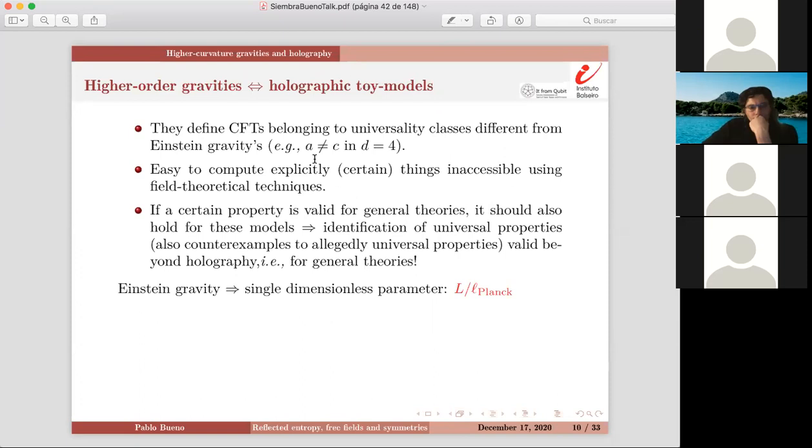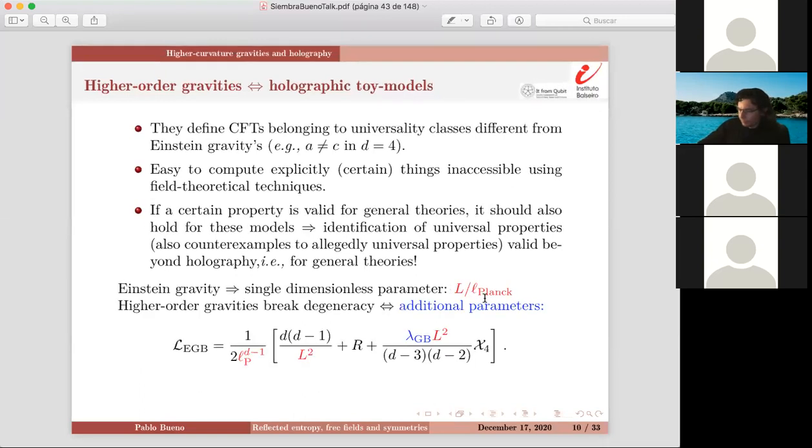Something which is relevant for this is the fact that for Einstein gravity, there is a single dimensionless parameter, the quotient between the AdS radius and the Planck length. That's the only parameter that appears. So any charge that you compute will be proportional to this thing to the power, typically, d-1. If you introduce higher-order terms, you break this degeneracy, so different charges will have different dependencies on the new parameters in your theory.